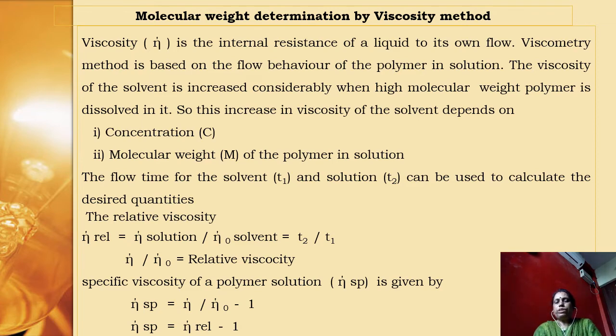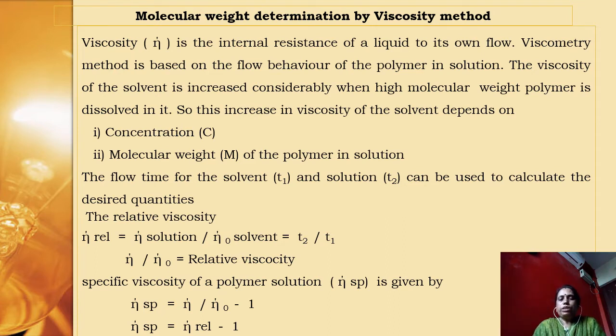The relative viscosity is abbreviated as eta rel. So eta rel is equal to eta of the solution by eta naught of the solvent, which is nothing but the ratio of flow times, that is T2 by T1.